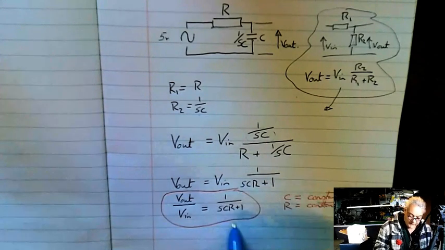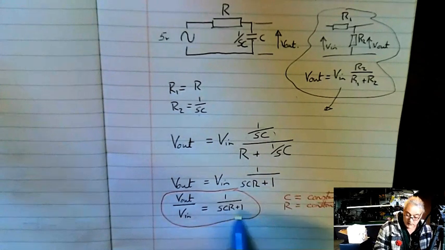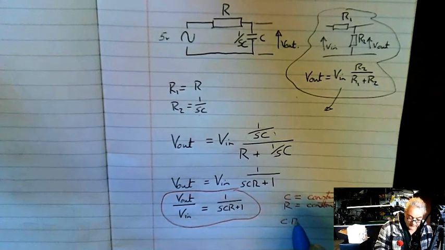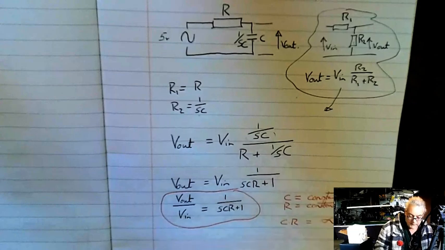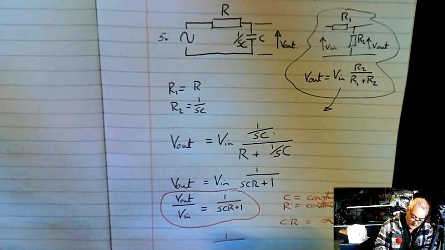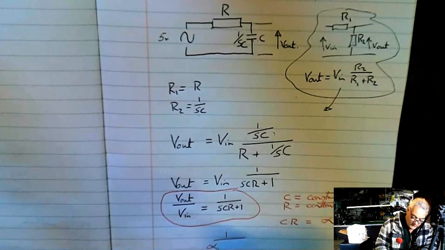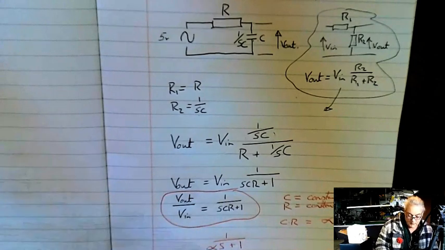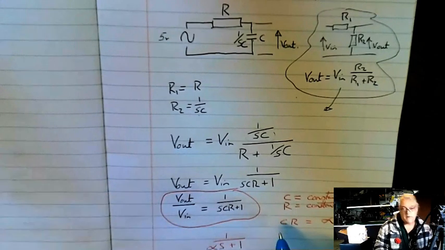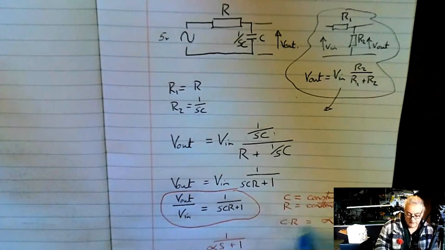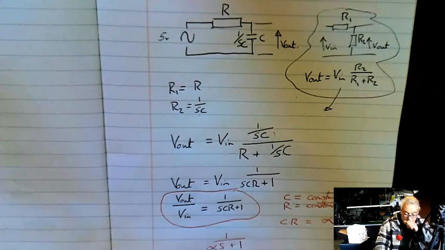So what I can say is actually that C and R I could just combine, so I could say C times R is just equal to, let's call it alpha. So what I end up with is 1 upon alpha S plus 1. I've got to take alpha and multiply C, might be a microfarad, R might be 10,000 ohms or something. So I've got to calculate this, and that alpha is actually a time constant.